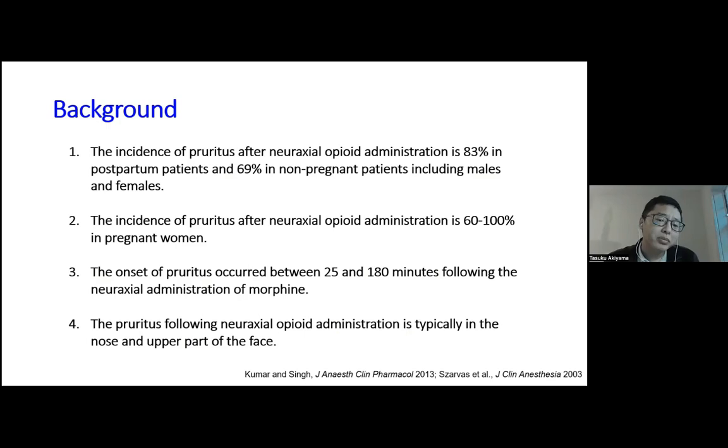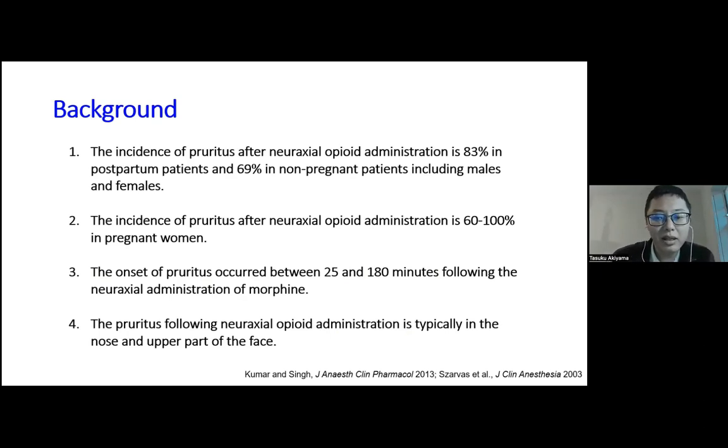The onset of the pruritus, like itch, occurs within 30 minutes or up to 3 hours after the neuraxial administration of morphine. So if itch occurs within the spinal cord, why does this delay happen?